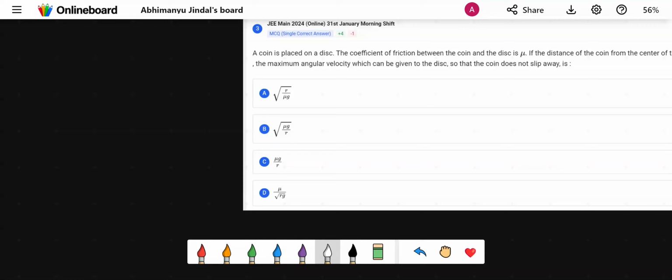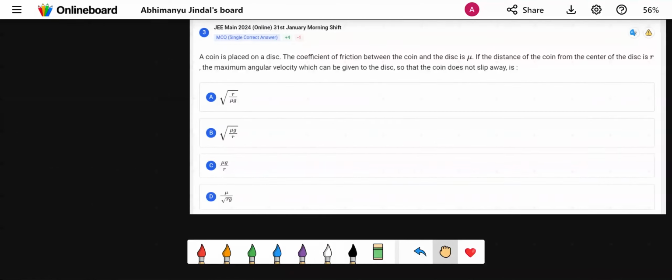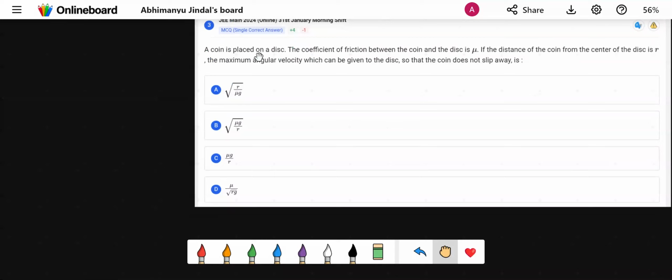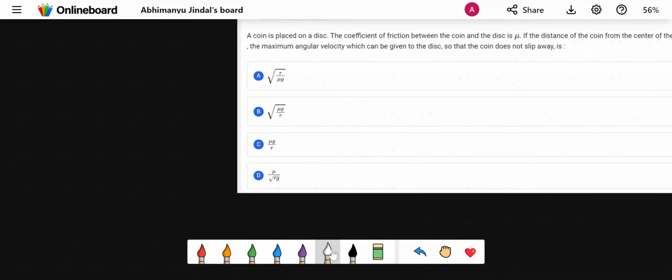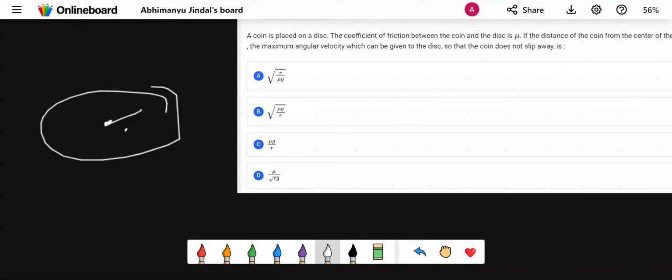A coin is placed on a disc. The coefficient of friction of the disc is mu. If the distance of the coin from the center of the disc is r, what is the maximum angular velocity with which it can move so that it does not slip away? Okay, easy. So this is r distance from here, and this is mu.